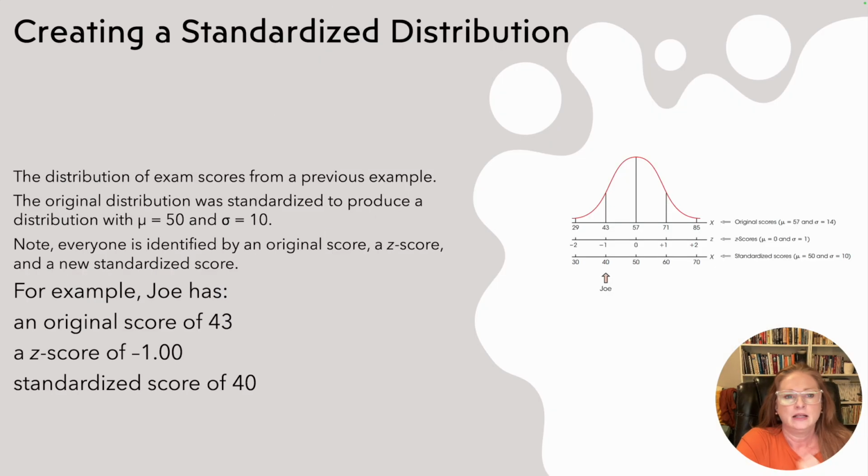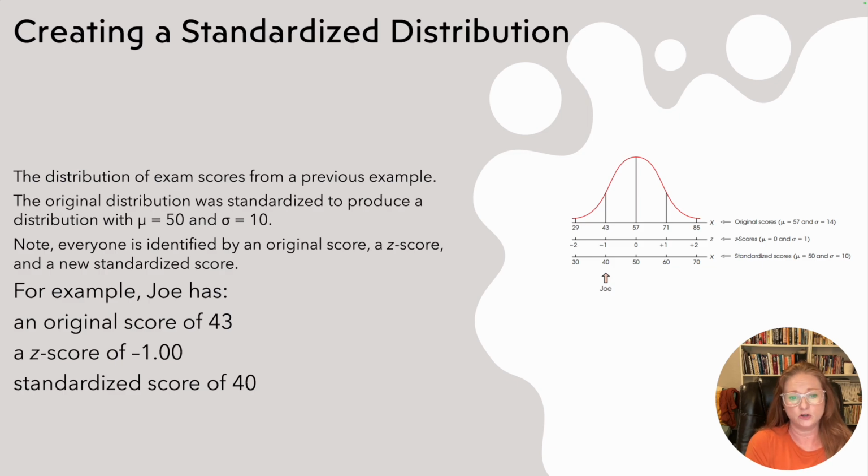Okay. So how to create a standardized distribution. Visually it looks like this graph here, right? If Joe originally has a score of 43 and the average score is 57, do you see how his original score places him below average? So you take the raw scores, you convert them to z-scores. His z-score is -1.